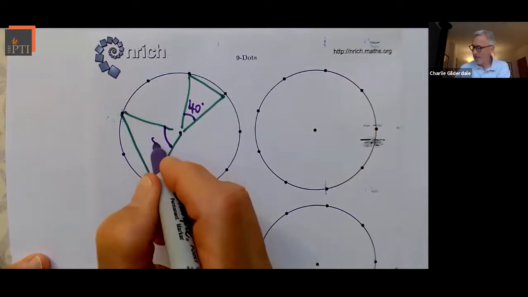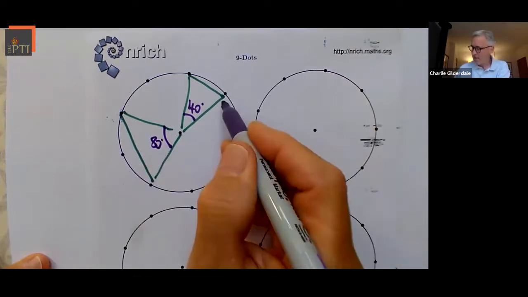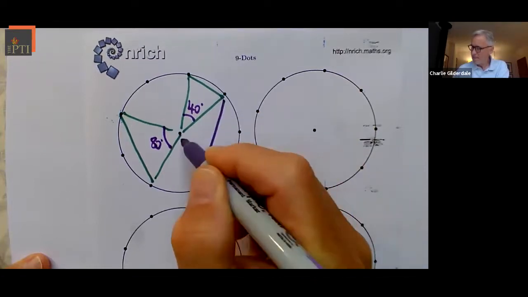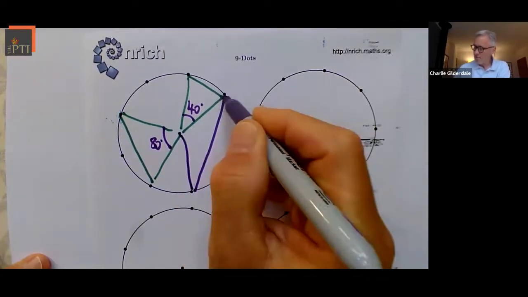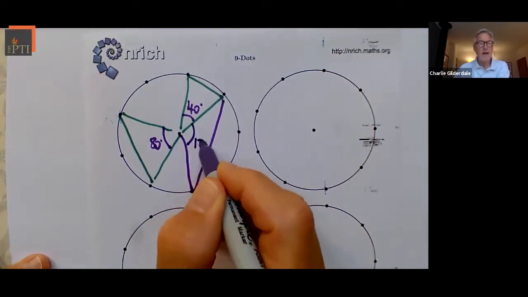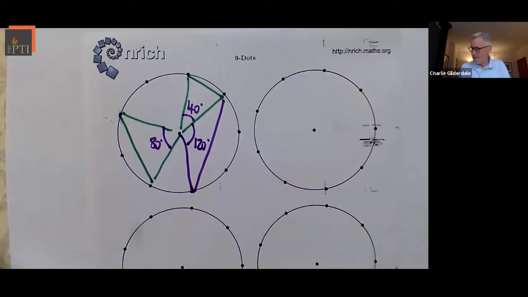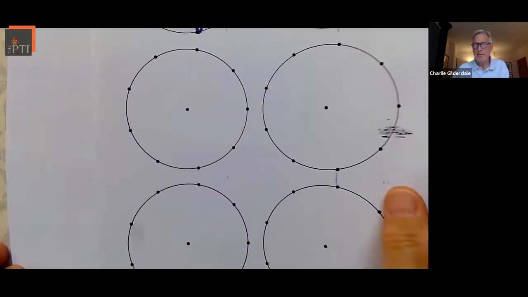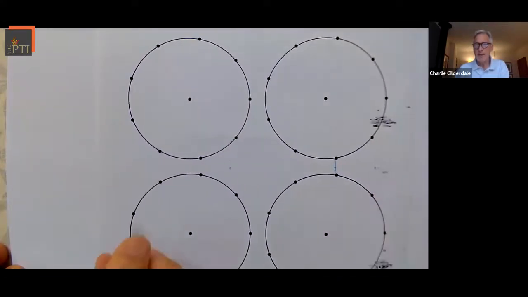And of course, I could have something larger. I could have that triangle, and so 3 spaces will be 120 degrees. So I'm going to be using that. So we've chosen a 9-dot circle because we don't want the arithmetic to get in the way of what the students are doing.